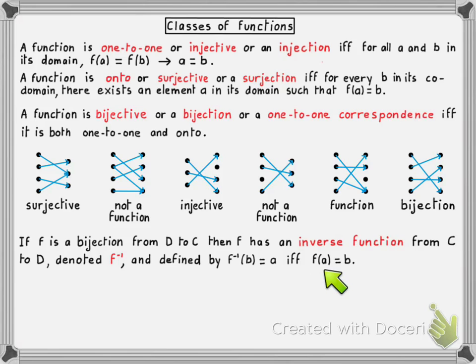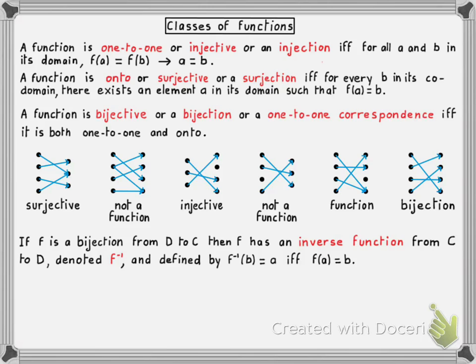If f of a equals b, then by definition f^-1 of b is equal to a, and vice versa. That's an equivalence. So what does that mean? That means if the image of a by f is b, then the image of b by the inverse of f is a.